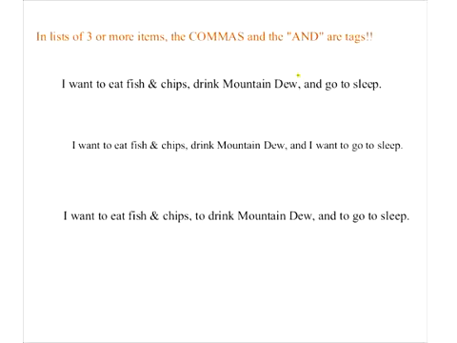Comma and is a tag, and the comma by itself is also a tag, this comma. So again, this is a tag, this is also a tag. And last but not least, this is a tag, and this is also a tag.